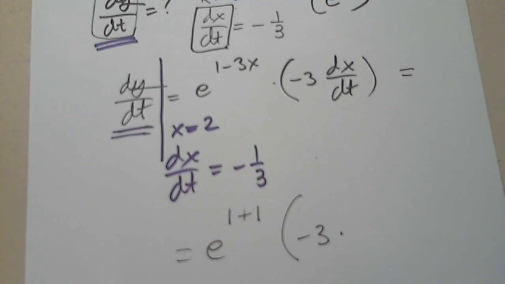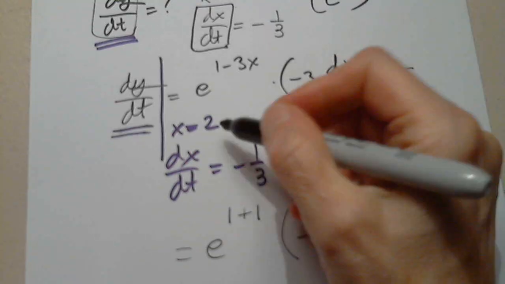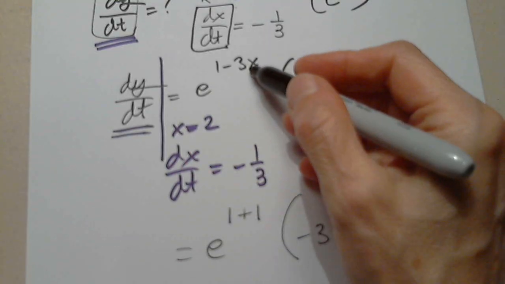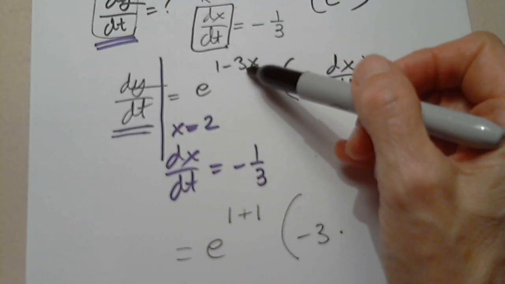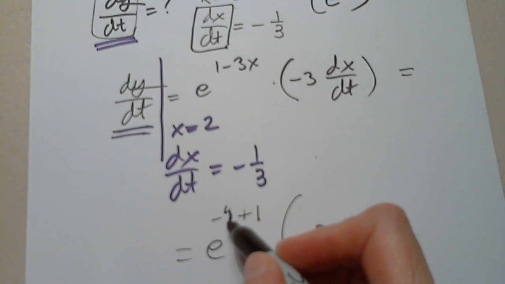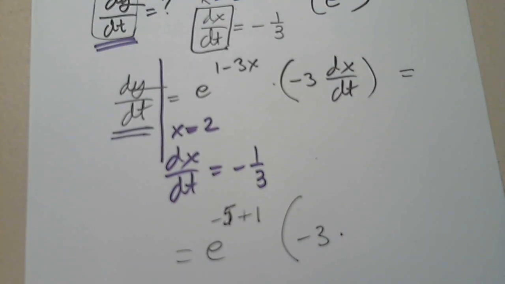I plugged them in wrongly, sorry. Okay, sorry about that. So x is 2. X is 2. 1 minus 6 is negative 5. So this is negative 5. So it's e to negative 5.